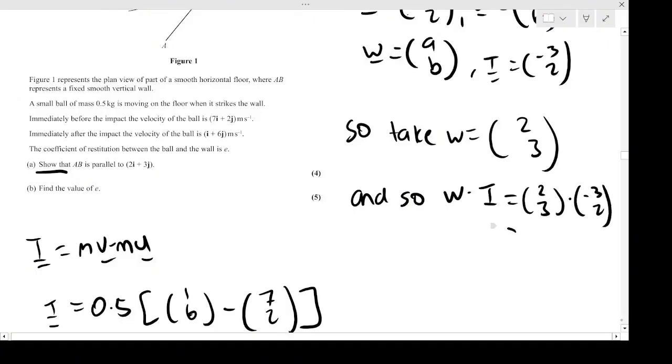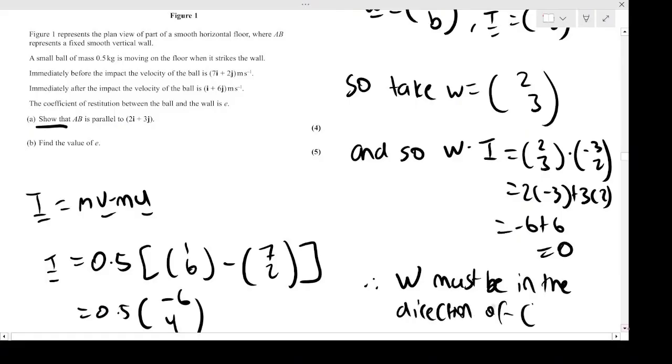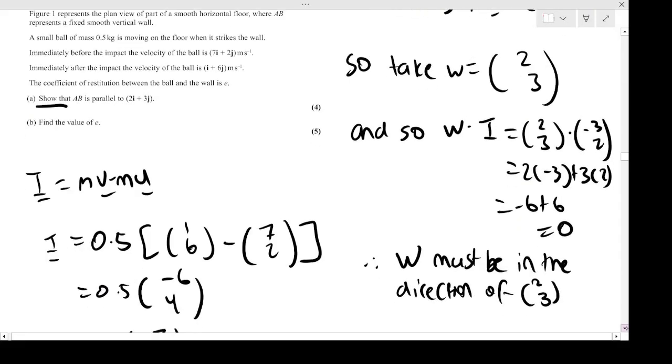That's 2 lots of -3, add 3 lots of 2. That gets me -6 add 6, which indeed is 0. Therefore, W must be in the direction of 2, 3, as it's perpendicular to the impulse.